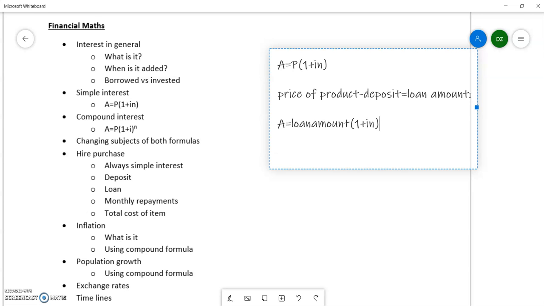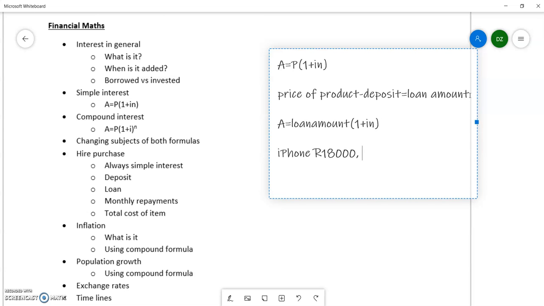So very commonly what happens is, let's take our iPhone, let's make up an amount. iPhone, let's say 18,000 rand. Let's say we are going to pay 10% deposit, just like we did.